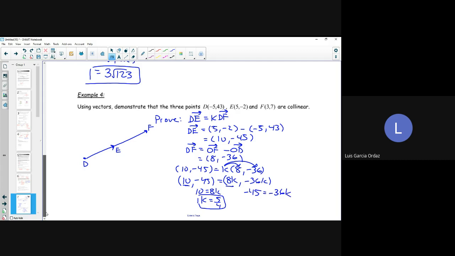And when I simplify it, it indeed gives me 5 over 4, which means vector DE is equal to 5 over 4 vector DF, which means they are collinear.